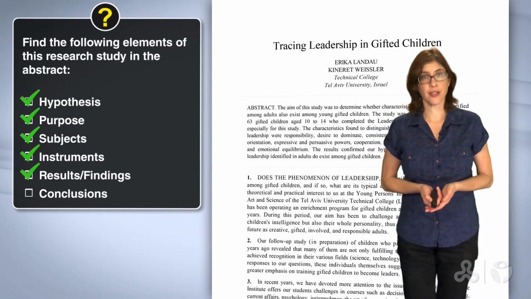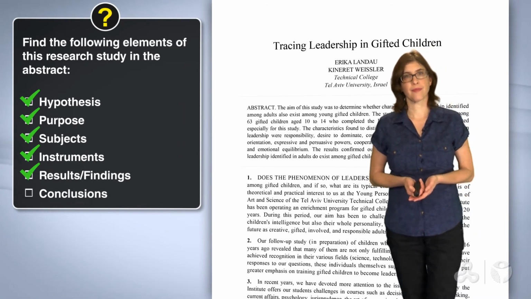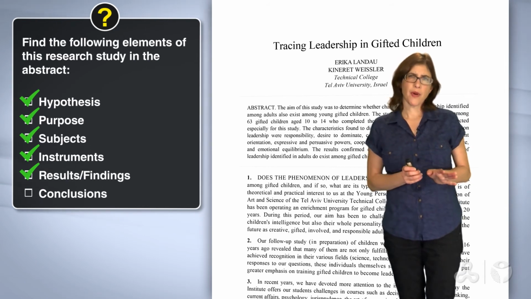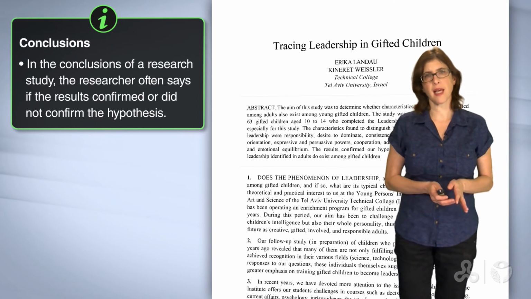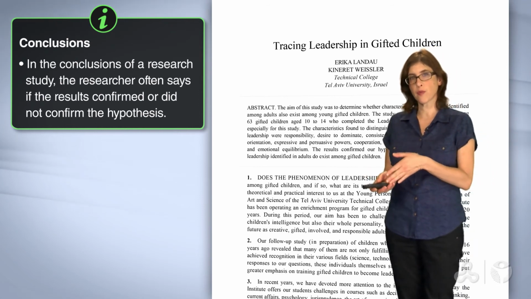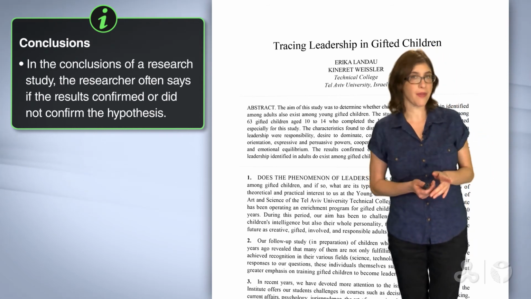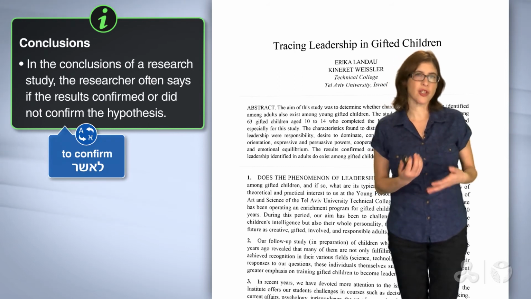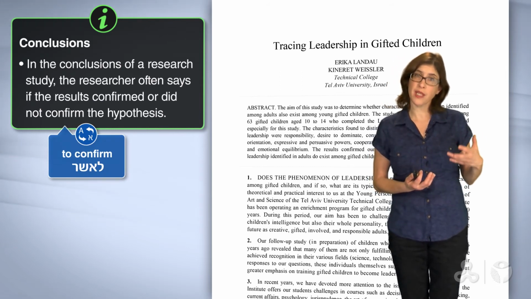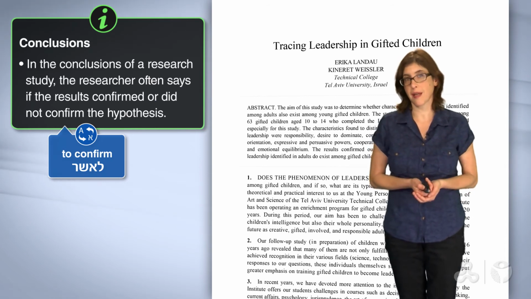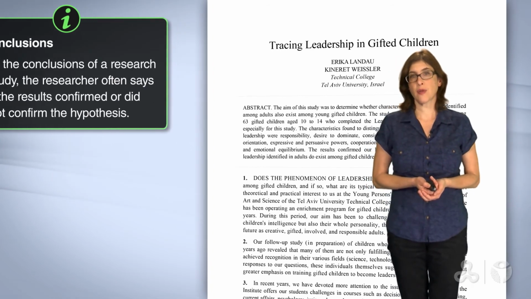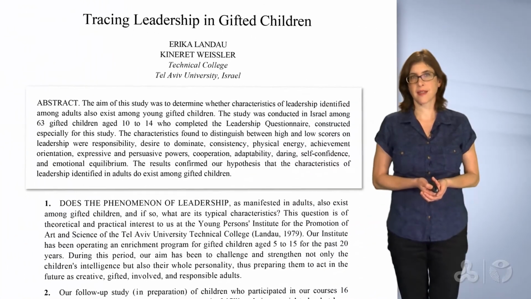Let's go to the conclusions. Remember that in the conclusion of a research study, the researcher often says if the results confirmed or did not confirm the hypothesis. Let's zoom in on the final sentence.